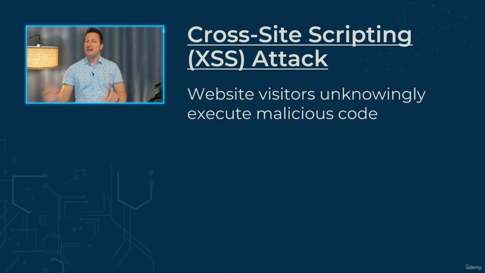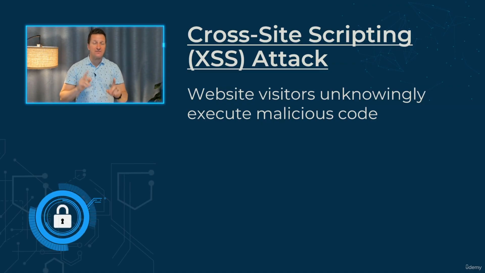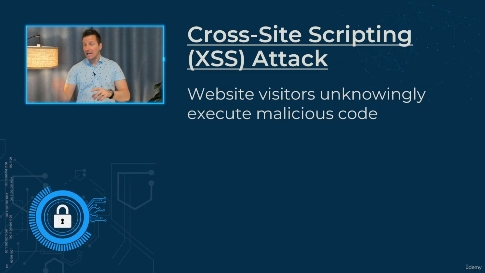So what happens is the attacker has injected some malicious JavaScript into the field in a web form, and it gets saved on that server. Maybe it's a social media post. Now, when other people go to view that post, it will execute when they click it, or depending on how the web app is configured, simply by opening up that post, it will execute that JavaScript. Where's that running? It's not running on the server.